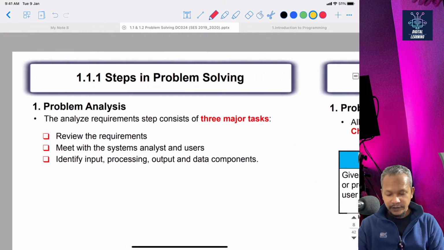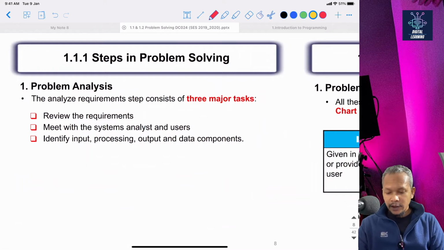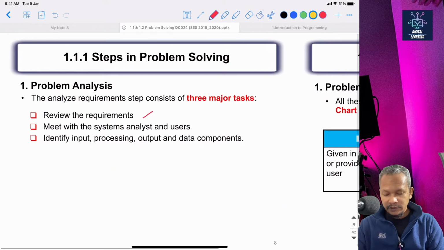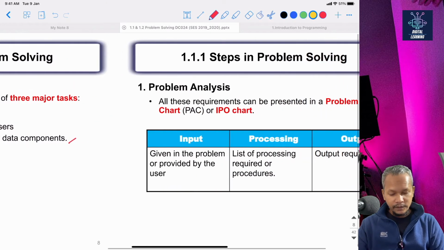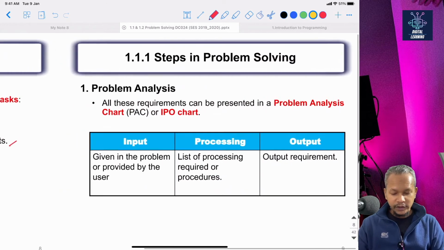Okay, the first step, problem analysis, has three major tasks: review the requirements, meet the system analyst and user, and identify input, process, output and data components. So this one is important.